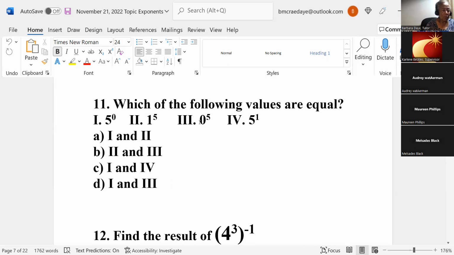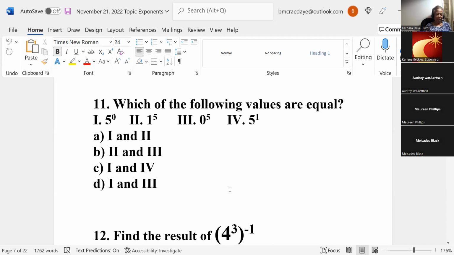What is 0 to the 5th power? 0 times 0 times 0 times 0 times 0. It's 0, right? And what is 5 to the 0 power? 5 to the 0 power is 0. No, any number or variable to the 0 power is 1, Maureen. So it can't be 1 and 3, because this is a 1 and this is a 0. It can't be D.